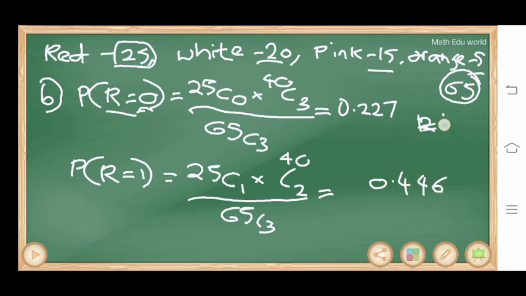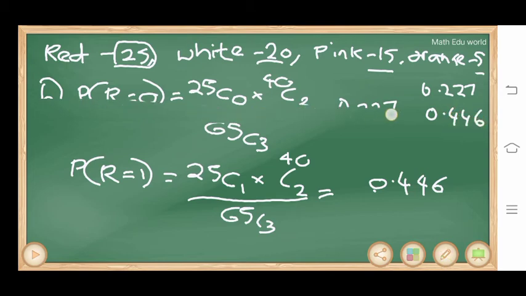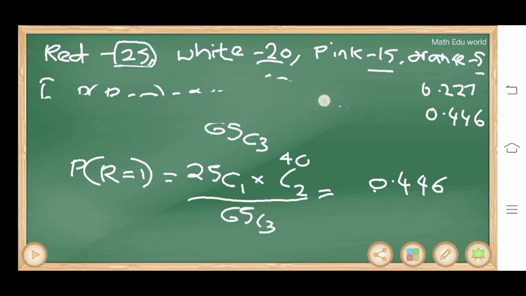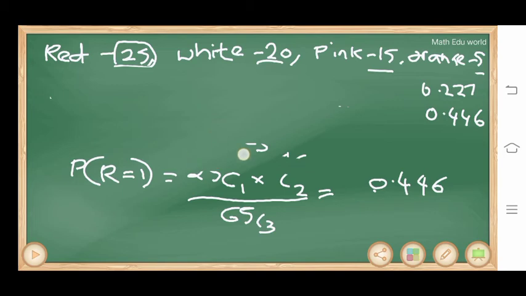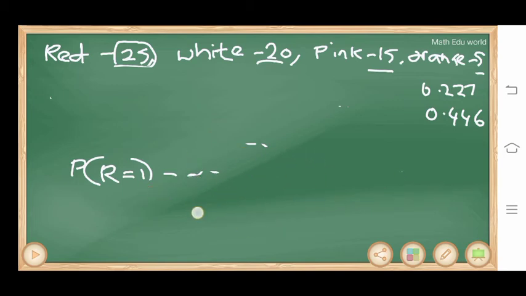So I'll note down these answers here. The first answer is 0.227. Second answer is 0.446. Now let's move to 2 red roses. So just think yourself, how do you select 2 red roses? 2 are red roses. That means what should be the third rose?